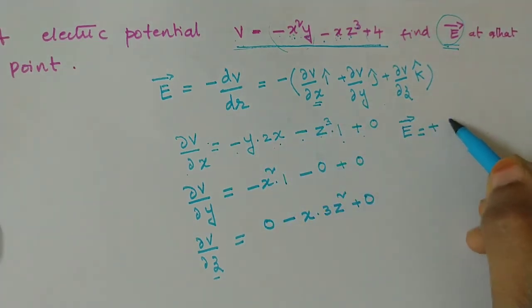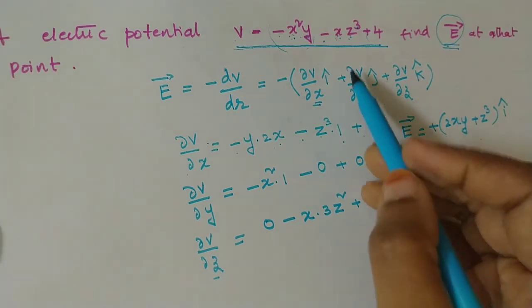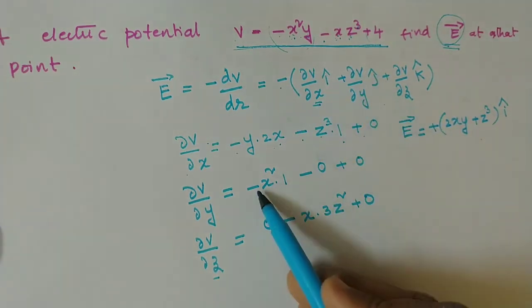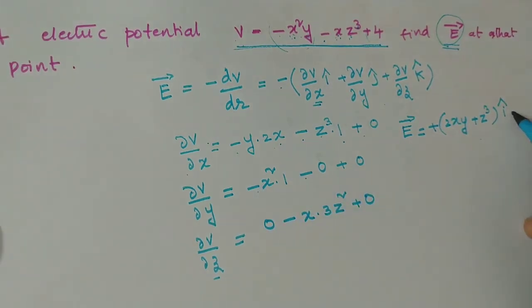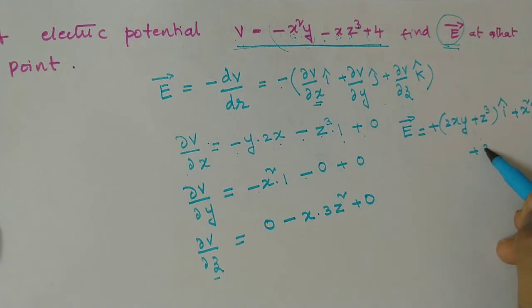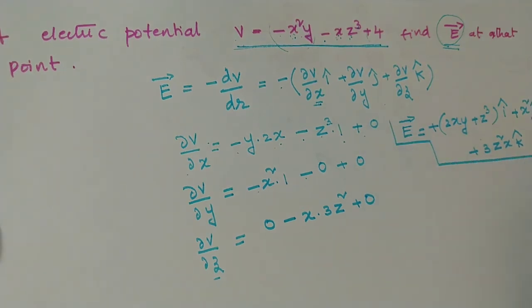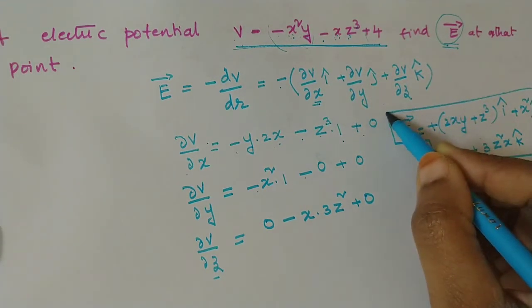So I'll make it plus 2xy plus z cube into I cap, then minus dou v by dou y, again you have a minus sign, it becomes plus x square j cap. Now coming to the third term, here also we have a minus sign, plus 3z square x into k cap. So this will be your answer for electric field vector.